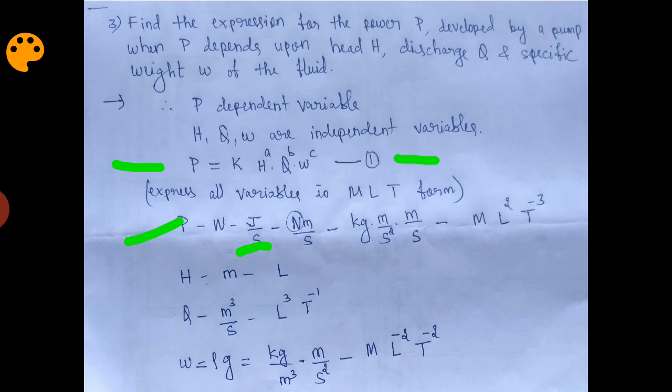Work is done when we apply force on an object and it moves by a certain distance. Applied force will be Newton and distance moved will be meter. So joules can be written as Newton meter. So we have Newton meter per second.